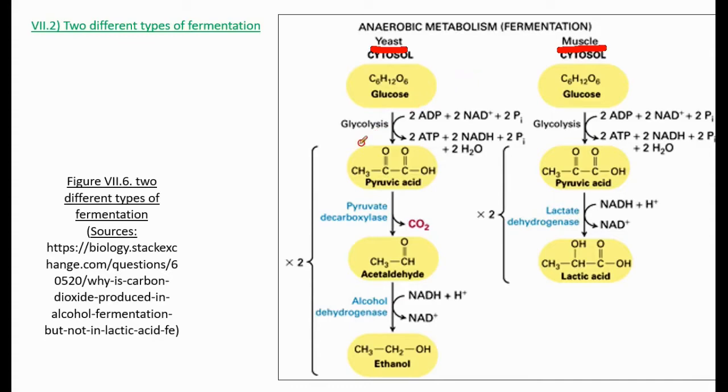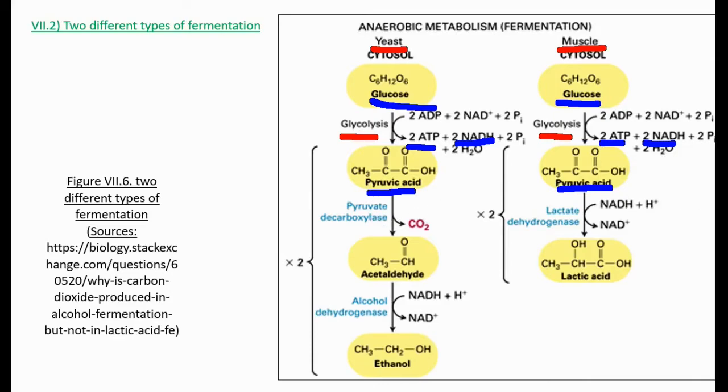In both cases, we have glycolysis, which will transform glucose into 2 pyruvic acid or pyruvates. Same thing here. In the process, ATP is produced, and so is NADH. The difference is, in the next steps, there are different enzymes which are going to do different things.